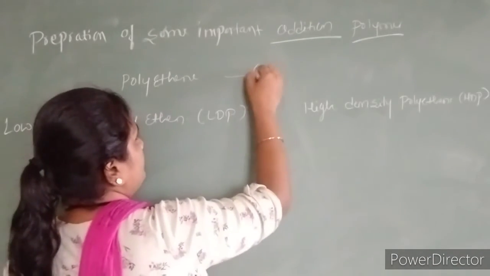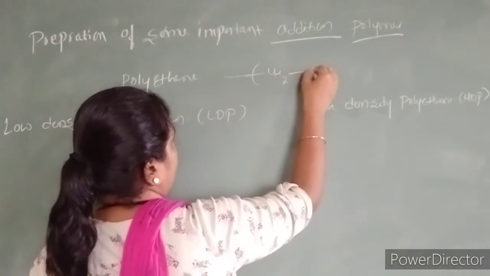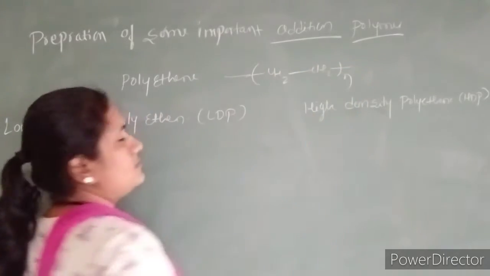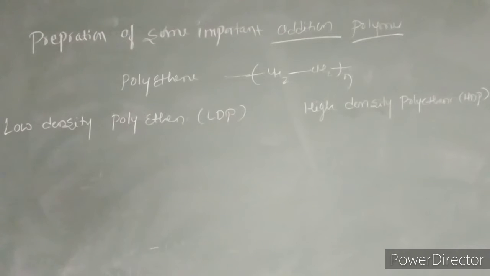Polyethylene is nothing but this, CH2 CH2 n. We can prepare it in two kinds, one low and the other high density.